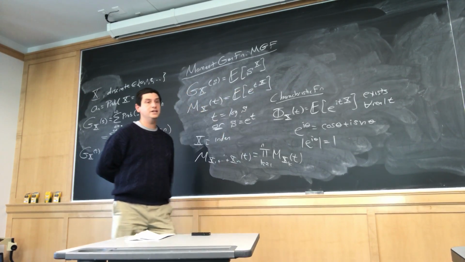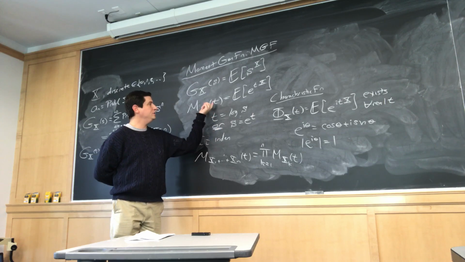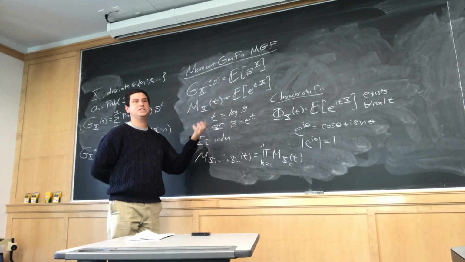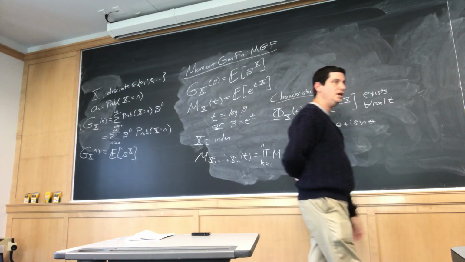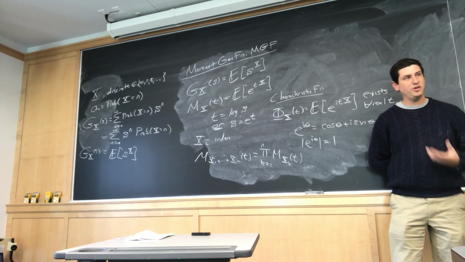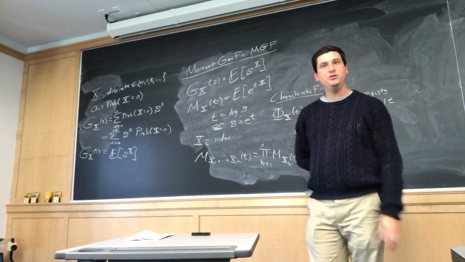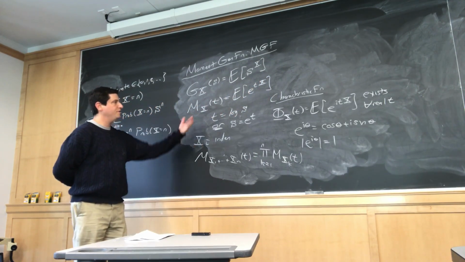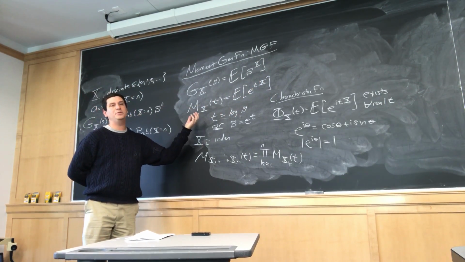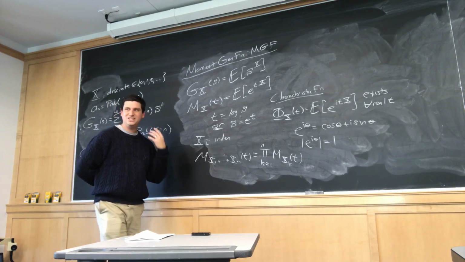But actually for t negative, it'll be fine. So for the Cauchy distribution, the moment generating function will exist for t negative, but it will not exist for t positive. We will need moment generating functions to exist in a neighborhood about the origin. And so for us, the moment generating function must exist in a neighborhood about the origin. For the Cauchy distribution, it does not.